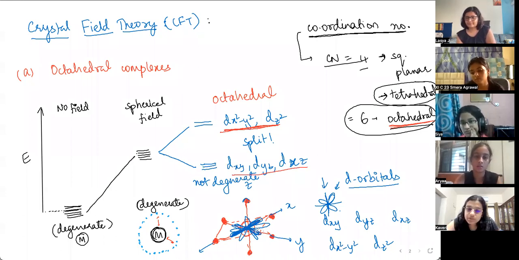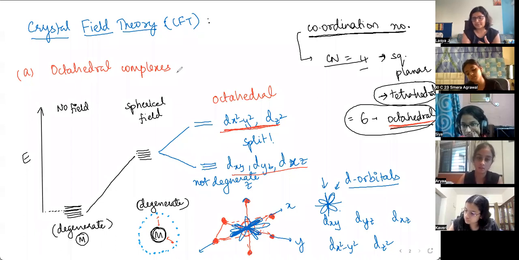We have to remember this graph. Yeah, you remember this explanation. The main thing you need to remember is that in an octahedral complex, dx square y square and dz square will have higher energy, and dxy, dyz, dxz will have lower energy.